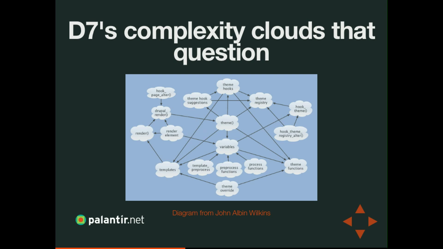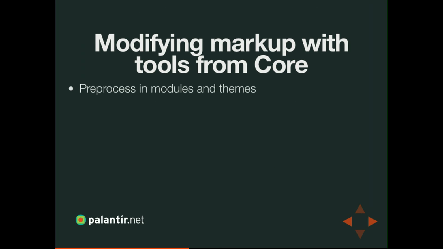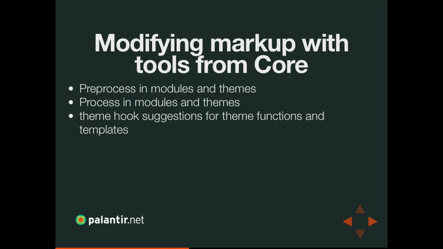When there are so many tools in Drupal available for modifying markup, creating new markup, it's hard to even realize that there's this question of, are you making a new thing, or are you overriding an existing thing? Just in Core, we've got preprocess functions available in modules and themes, process functions, which are like preprocess functions, but yet different.